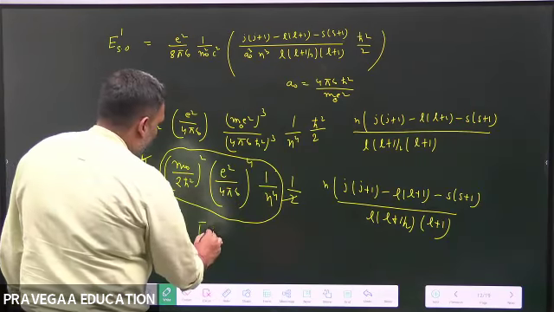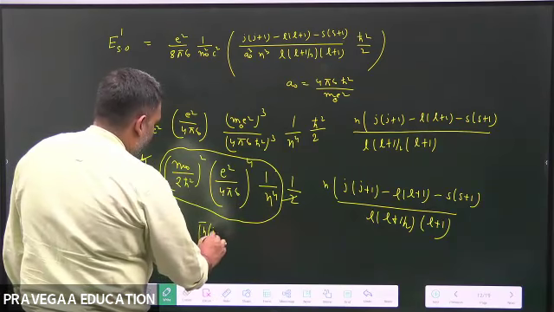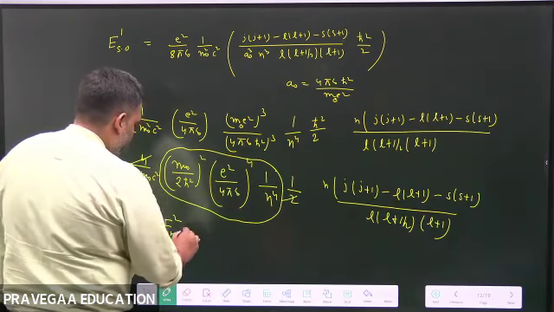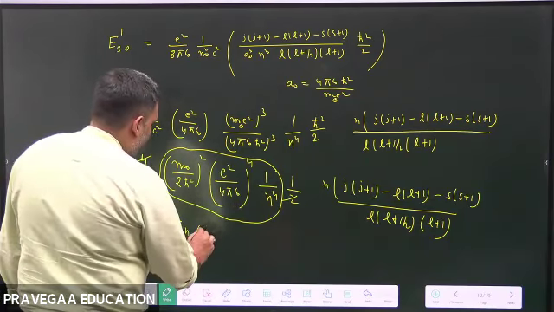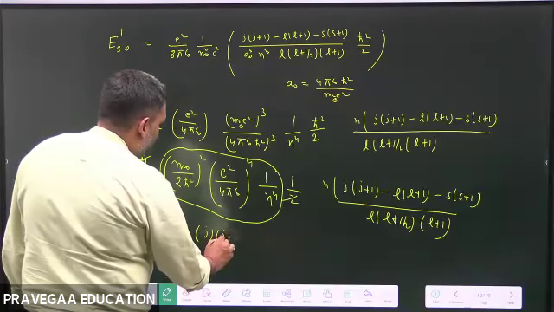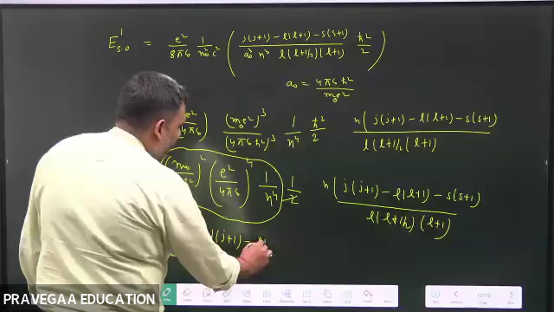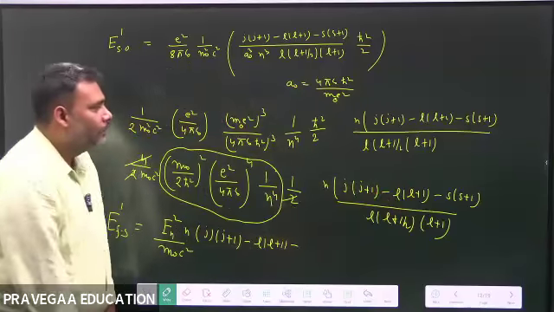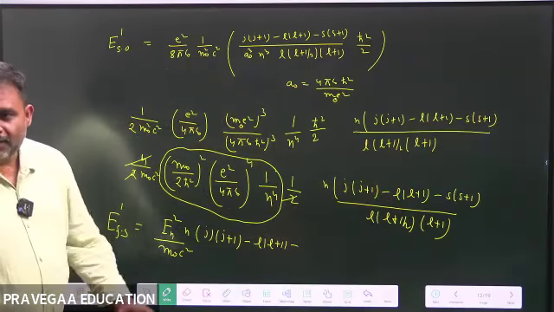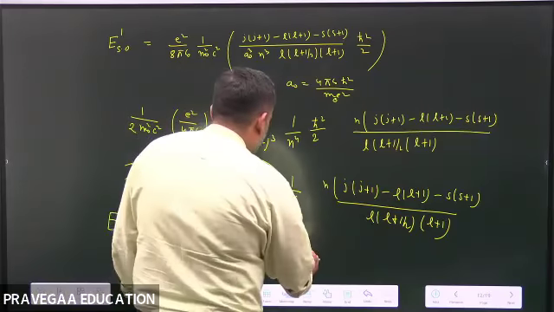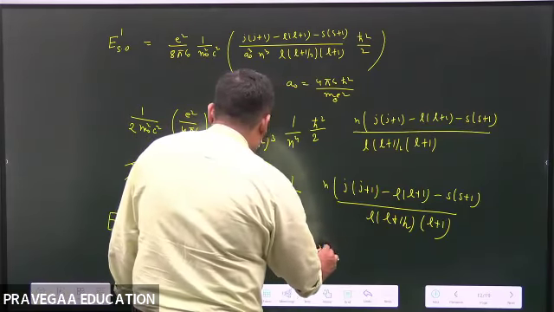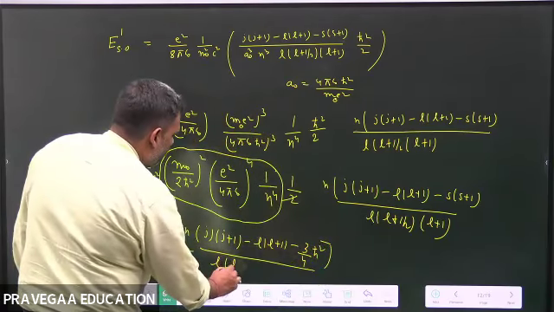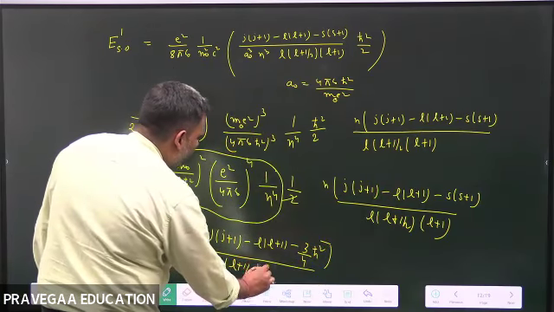And what we will do, we have n, and take n outside, n, and we have j into j plus 1 minus l into l plus 1 minus s into s plus 1. For s equal to half, if you put it, that value is 3 by 4 h cut square. And in the denominator you have l into l plus half into l plus 1.